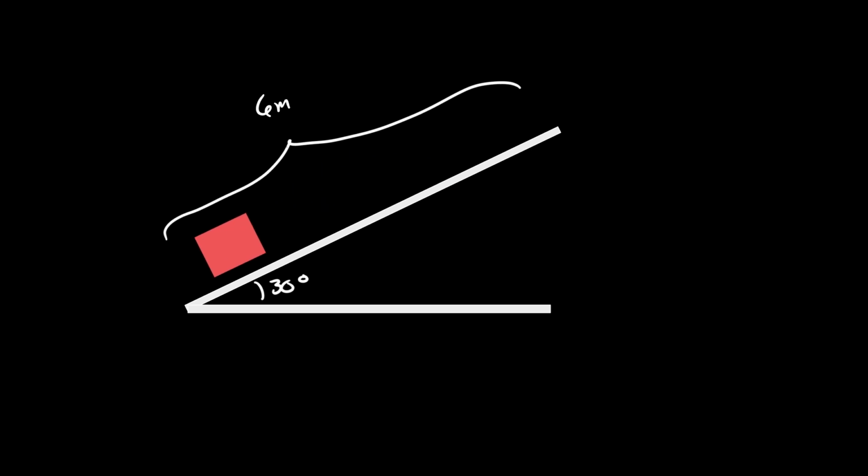All right, same problem as before. 30-degree angle here. This is 6 meters long. And you are going to push the block up the ramp with some applied force at a constant speed.